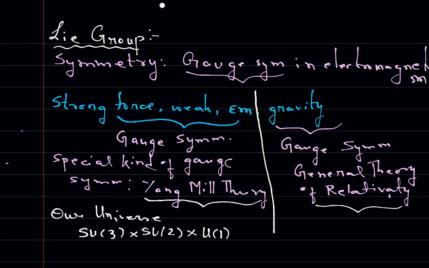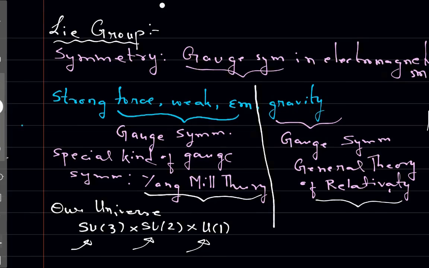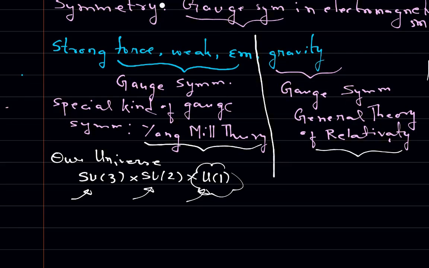So in this lecture, first of all, you will understand what is the meaning of this SU3, SU2, and U1. So you will have a confidence that, okay, once you understand these terms separately, you will understand what does it mean when you have all these three terms multiplied to each other. So as already described in one of the previous lectures, when you write the Lagrangian for quantum electrodynamics, we see that it is invariant under U1.